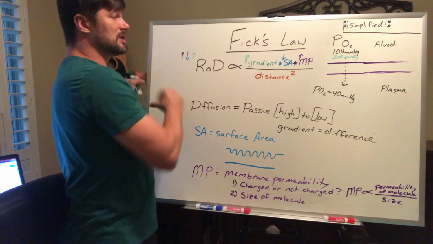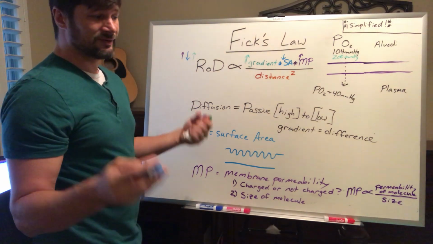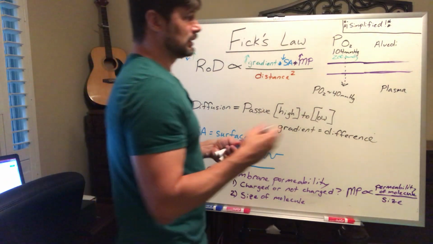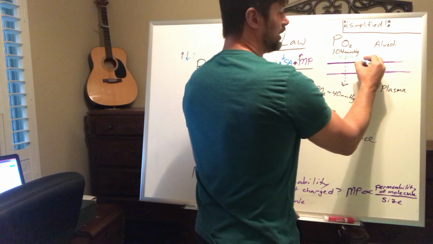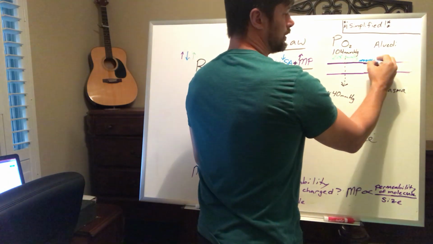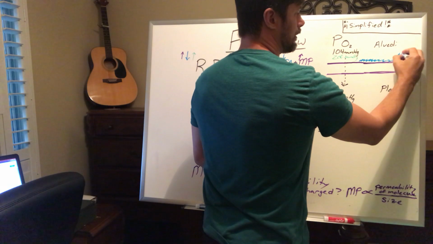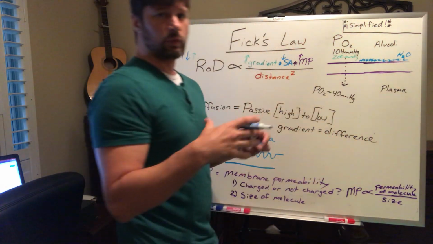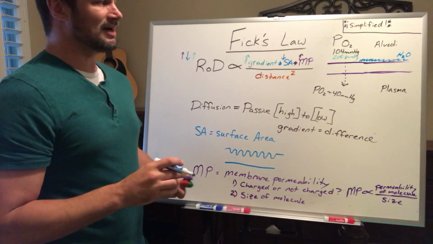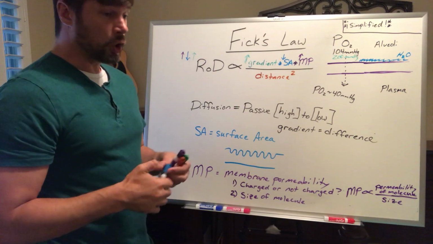But what starts to happen in a patient that has, for instance, pneumonia? What would happen if you started to build up water here? That's what pneumonia is. It's water that's building up inside of the alveoli. It's coating the surface.